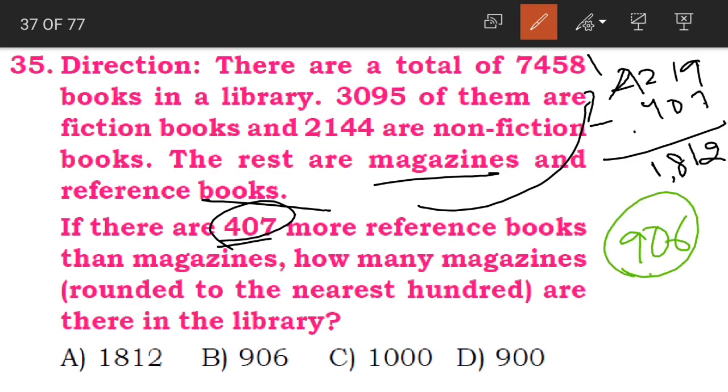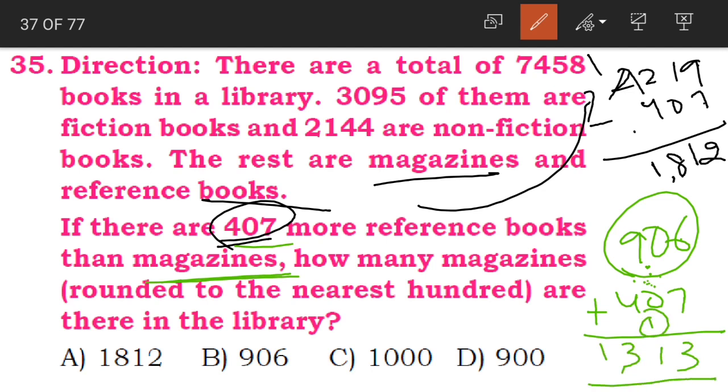Now what is this 906? 906 is the equal number. Equal means what? Magazines. 906 here is the magazines. Now when you add the extra 407 to it, 6 plus 7 becomes 13, 1 and 13. 1313 becomes the number of reference books.